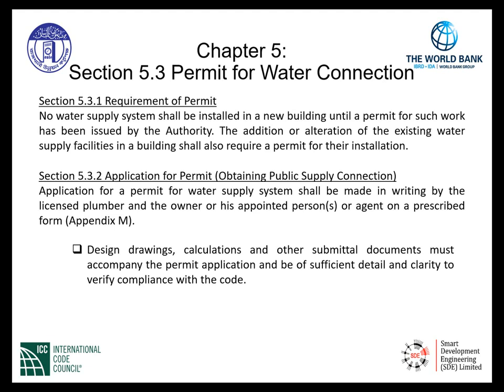So it gives us in that first sentence a directive that no construction of any water supply system shall begin until there is a permit that has been issued by the authority.